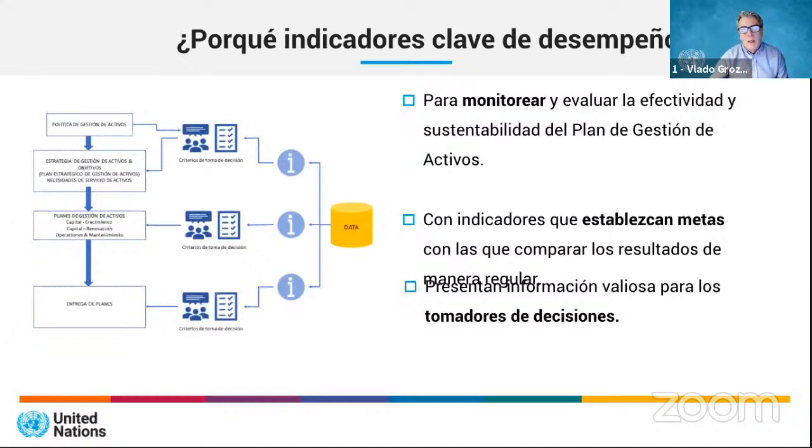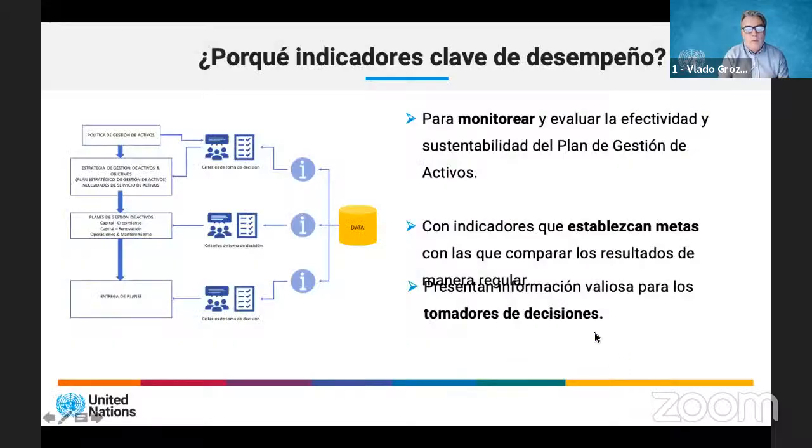We saw yesterday that we have a database with a lot of data in our data registry. We are providing this information to decision makers for their decision, and when decided, it can be included in our asset management strategy or asset management plan as a capital growth or capital renewal or operation and maintenance plan, all connected to our financial statements or plans.